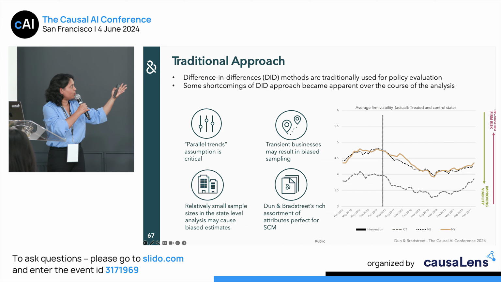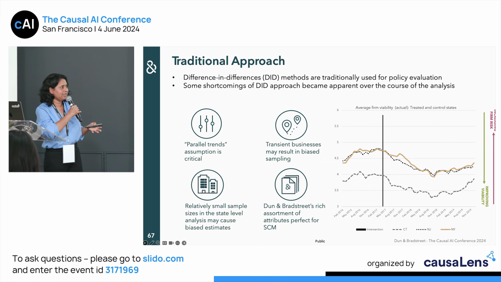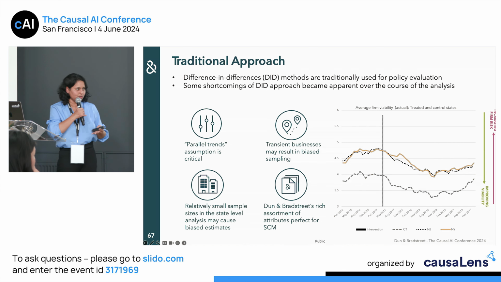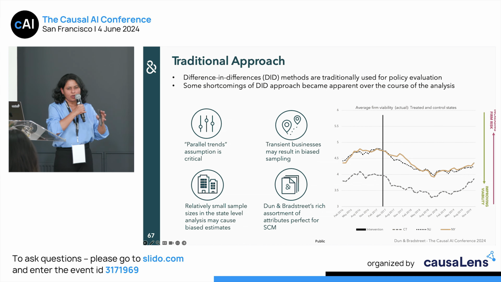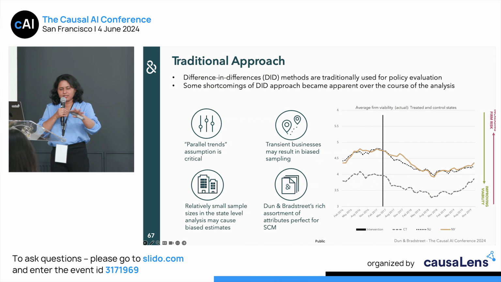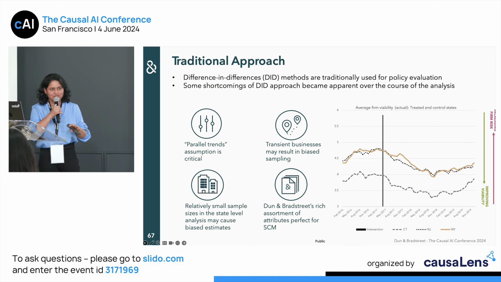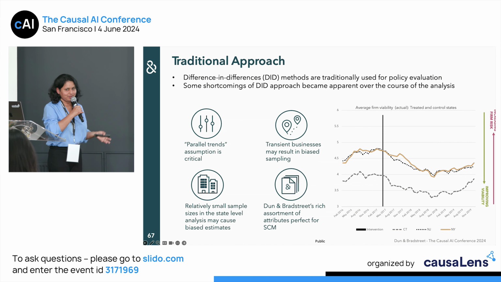What we saw mainly is that when a regulation is implemented, the businesses on the border that don't like the regulation, it takes them time, but they would move to the other side of the border, especially the very, very small businesses. That's what we saw in the data during the research. That destroys the parallel trend, because even if businesses are moving from here to there, it is not good for the sampling. So again, that didn't hold.